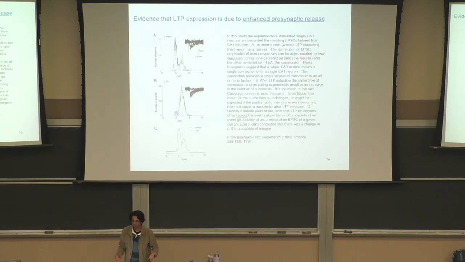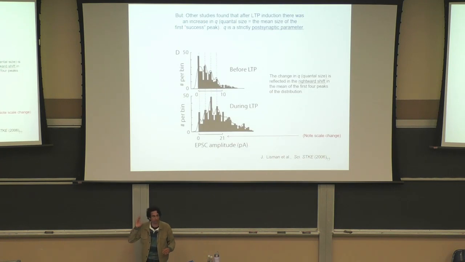But related to that, under some other conditions, with slightly different stimulation protocols, it was found that exactly that can happen. You can go from before LTP having current sizes from 0 to 10, to after LTP, the current size can go from 0 to 21. So now if you use slightly different conditions, slightly different stimulation patterns, you can get a postsynaptic measurement of the strength.